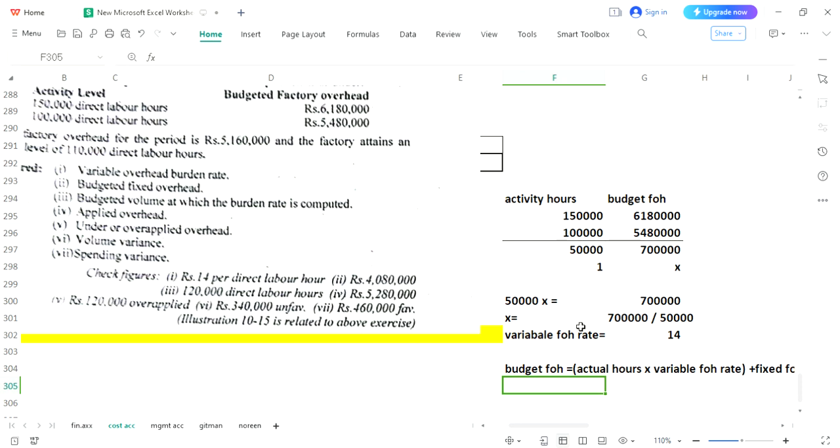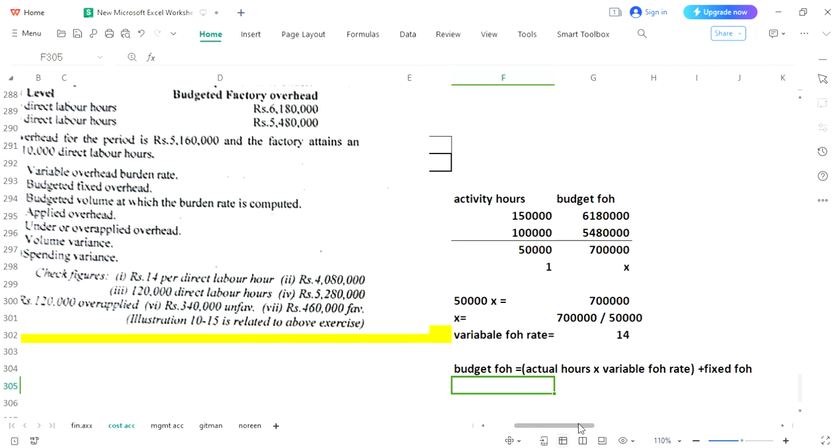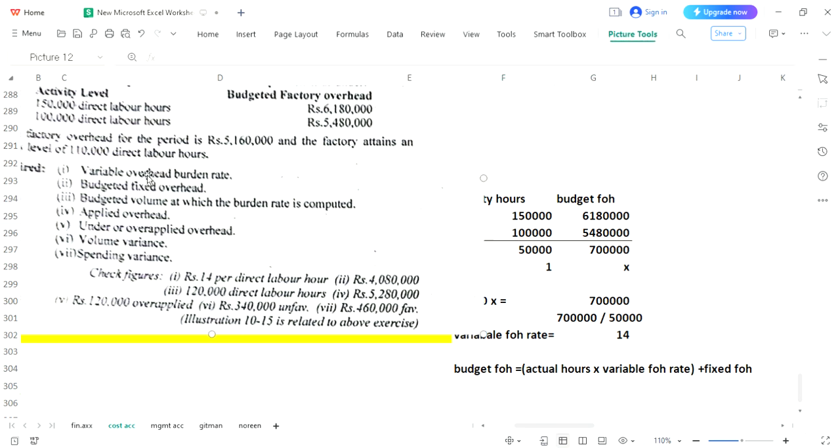So for calculation of fixed FH, we have chosen the budget FH formula. Since we are using old hours, I have said you can use 150,000, you can use 1 lakh, because whatever the level of hours is, your fixed FH will be same. So you can use any of these budgeted FH.